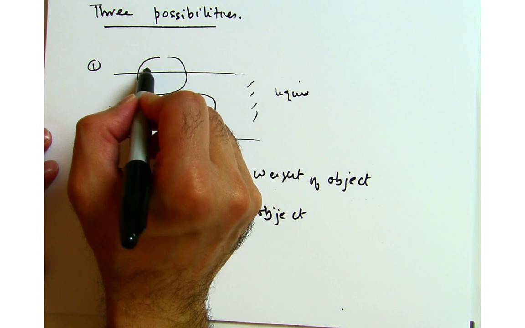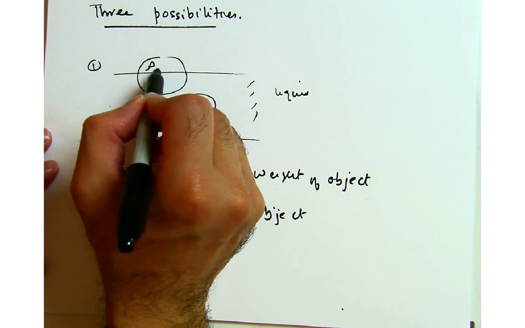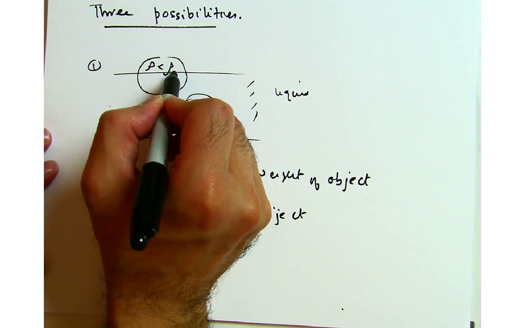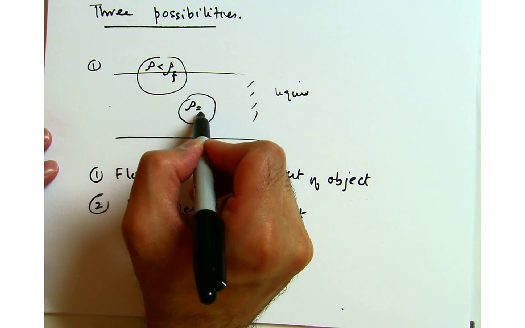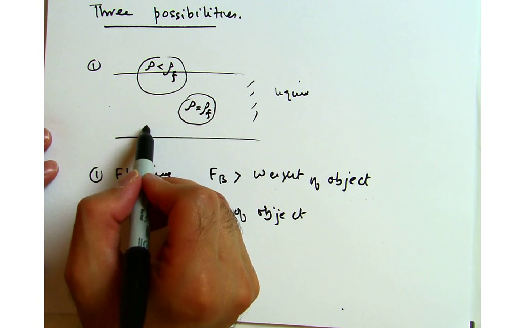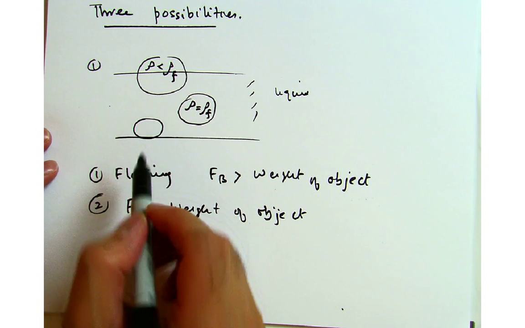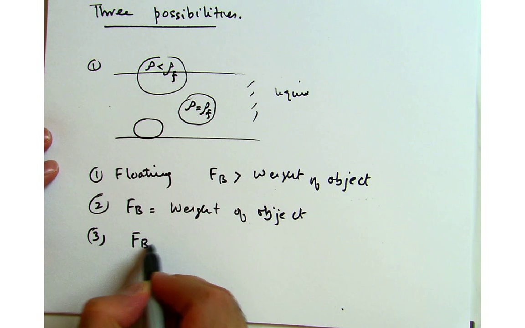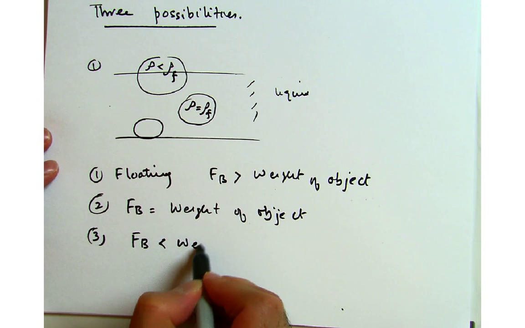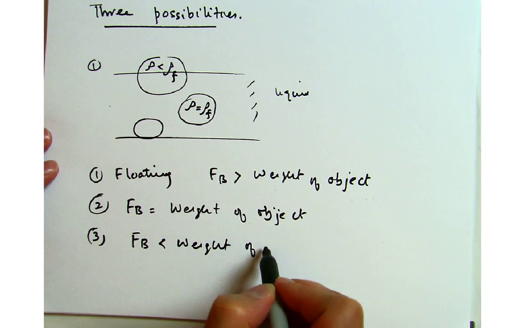In the first case, the density of the object is less than the density of the fluid. In the next case, the density of the object is the same as the density of the fluid. In the third case, when the object will sink to the bottom, we have F_B less than the weight of the object.